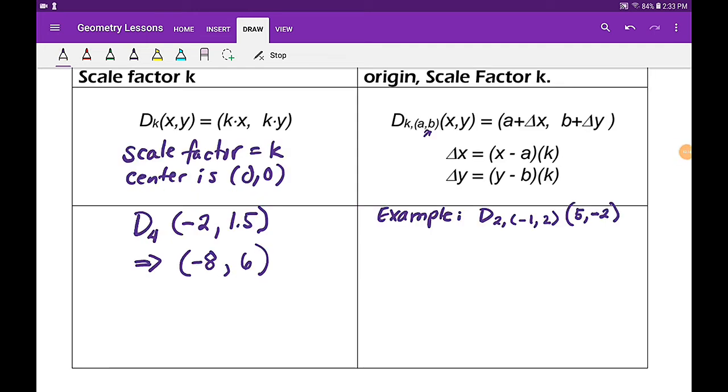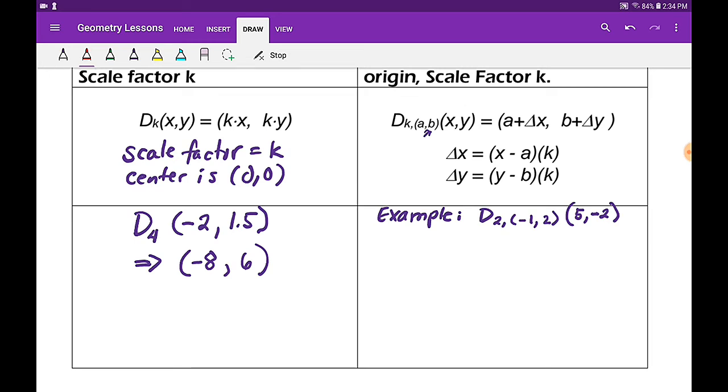So moving on, let's take an example. Let's say we're dilating a figure and one of the points has the coordinates 5 comma negative 2. The scale factor is 2 and the center is at negative 1 comma 2.